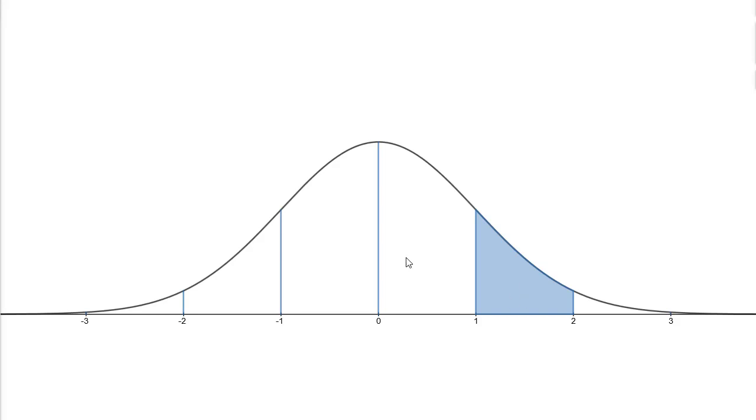All right, so let's start out with this area right here. This area on the bell curve goes from the mean to 2 standard deviations above.